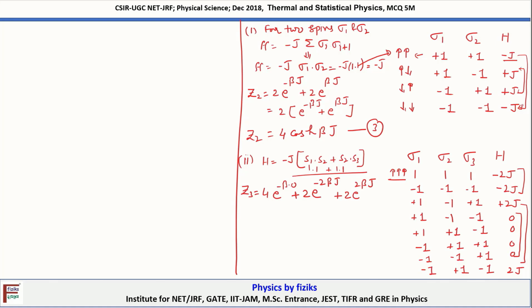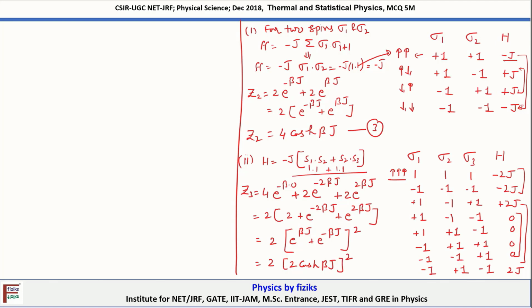So this can be generalized further. This is equal to 2 multiplied by 2 inside, where exponential of beta times 0 will give unity, 2 plus exponential of minus 2 beta J plus exponential of 2 beta J. This can be rewritten as 2 multiplied by exponential beta J plus exponential minus beta J, squared. And this is basically 2 cosh beta J. So this is further equivalent to 2 multiplied by (2 cosh beta J) to the power 2.